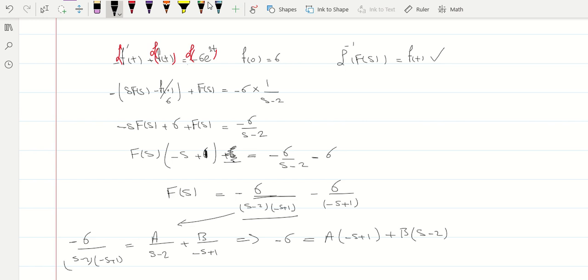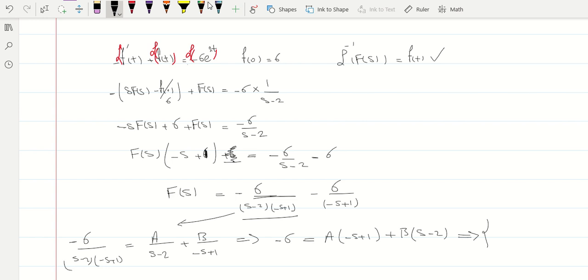To find the A and B values, as you see, we have a constant on the left-hand side, but we have some s values, which are variables. So that means the summation of the coefficients of these s values should be equal to 0, since we have only a constant on the left-hand side.